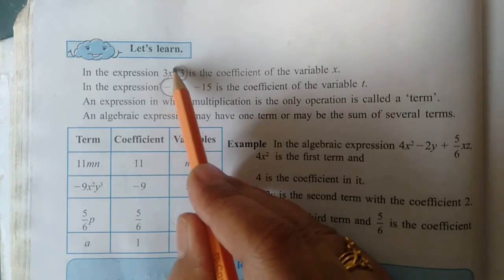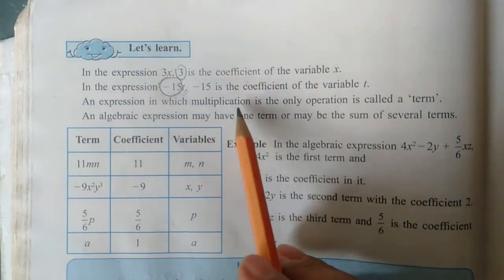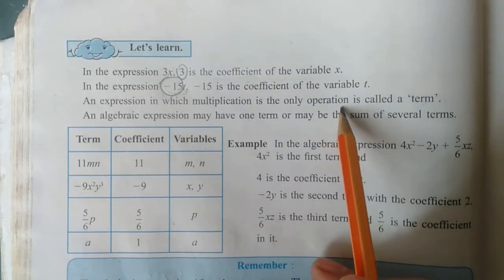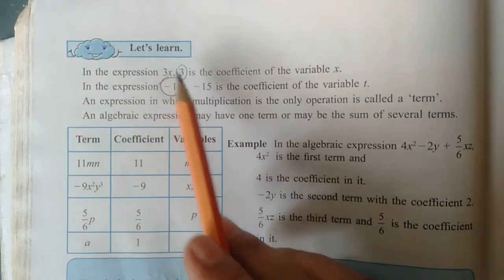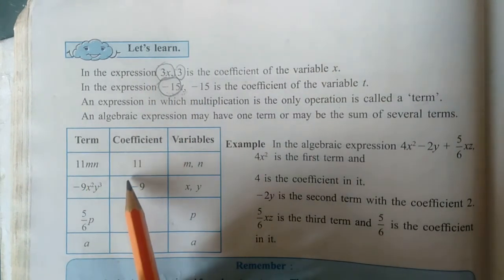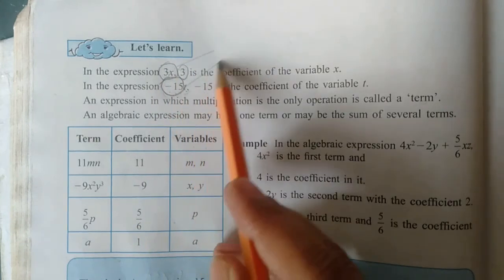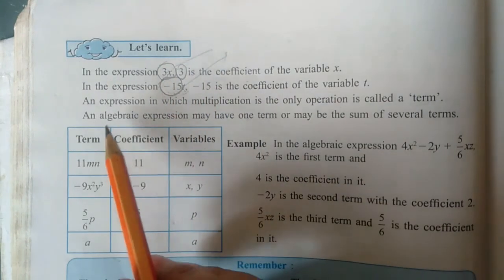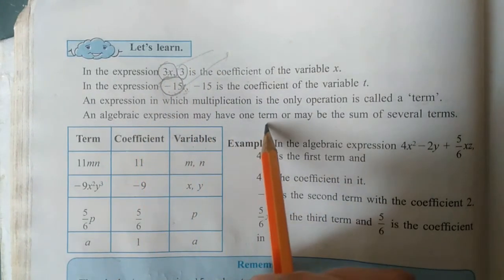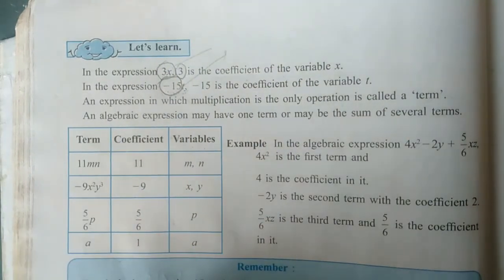Yes, multiplication. So when multiplication is the only operation in the expression, then that is called a term. So thrice x is one term, minus 15t is another term. So an algebraic expression may have one term or may be the sum of several terms.